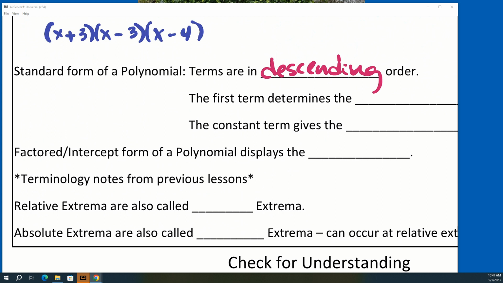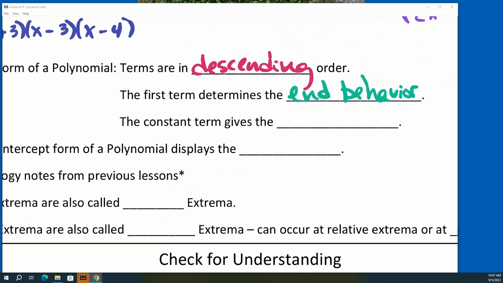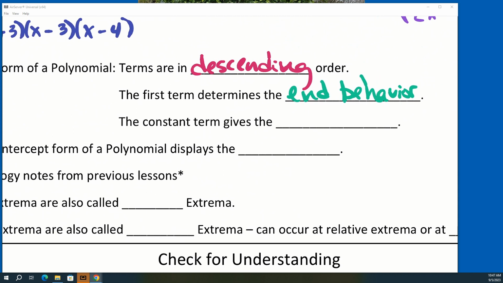Now, what the standard form tells us really nicely is the end behavior. Because it's super easy to tell the degree and the leading coefficient, if they're positive or negative, or if the degree is even or odd. So that's nicer when it's in standard form.